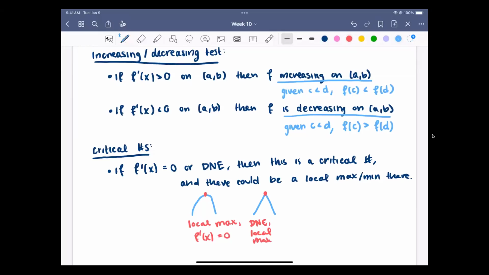But then you could also have the derivative be 0, but then there's no local max. So f prime is 0, no local max or min. And then one where the derivative doesn't exist. It would be something like that. So f prime of x does not exist, no local max or min.